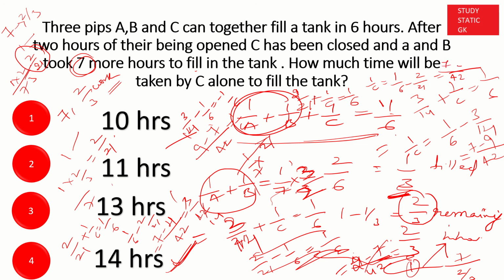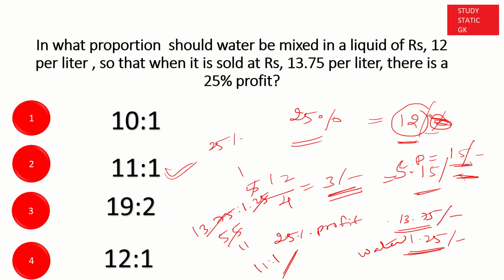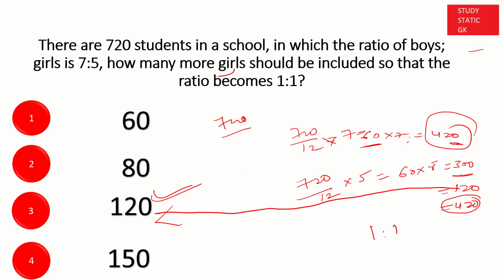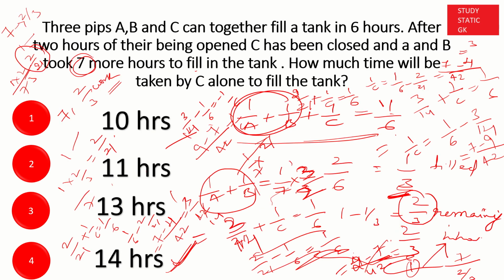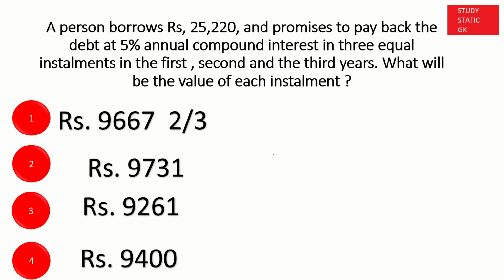So 6 7s are 42, 21 2s are 42, that is equal to 3 by 42, 3 14s are 42, so 1 by C is equal to 1 by 14. That means 14 hours is the answer. C will complete in 14 hours.